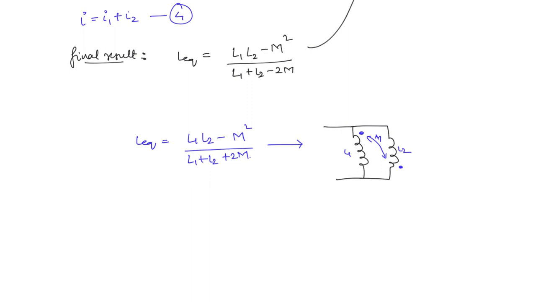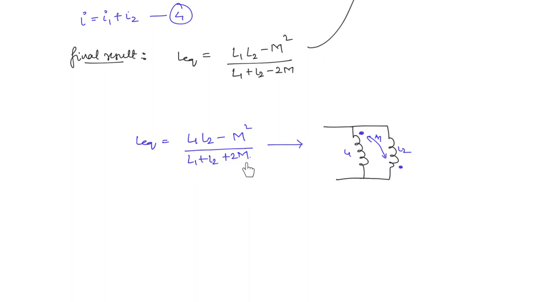Now you can see that the numerator is the same, but in the denominator here you have L1 plus L2 minus 2M, and here you have L1 plus L2 plus 2M. So which one will be more? Here the denominator is high, so this equivalent inductance will be lesser than the other equivalent inductance. So you have to remember that the differential inductance will always be lesser.